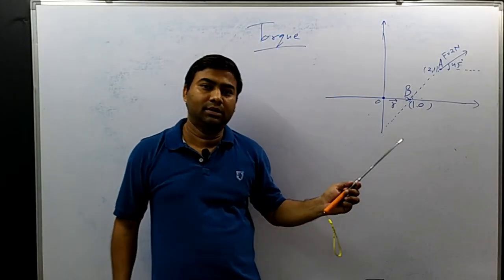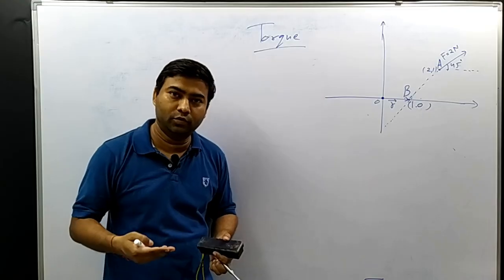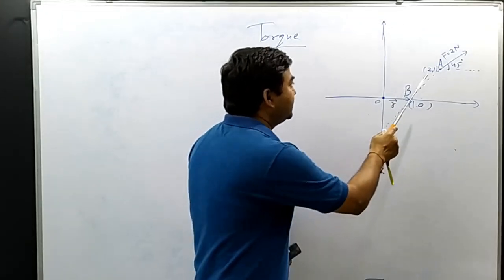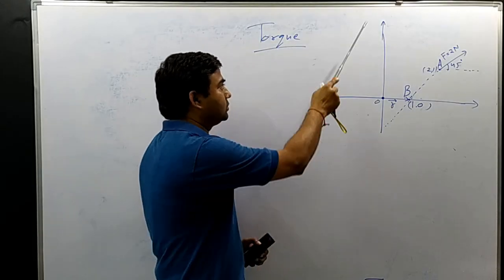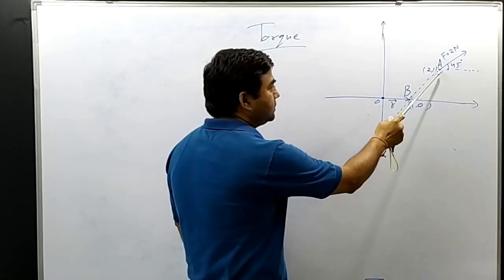This is a very simple example to illustrate the torque of a force about a point. This is point A, and this is just a Cartesian coordinate axis.